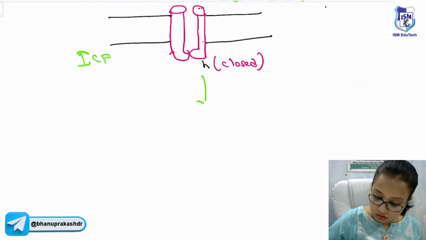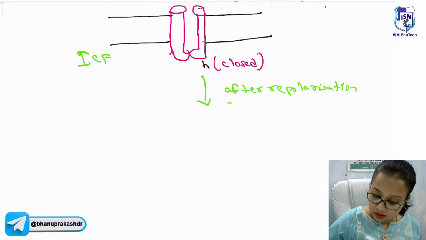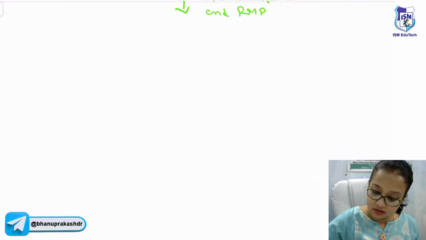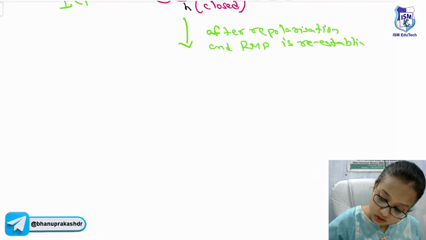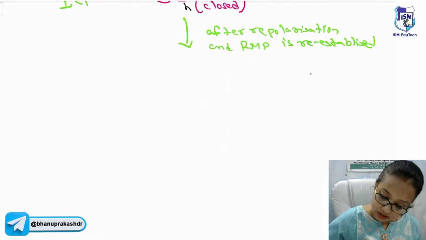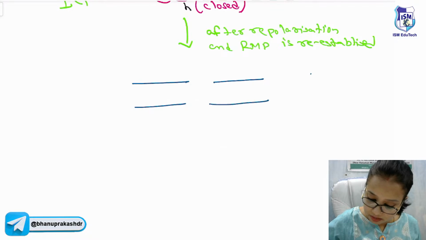Only after repolarization and resting membrane potential is re-established, then again the initial state happens.